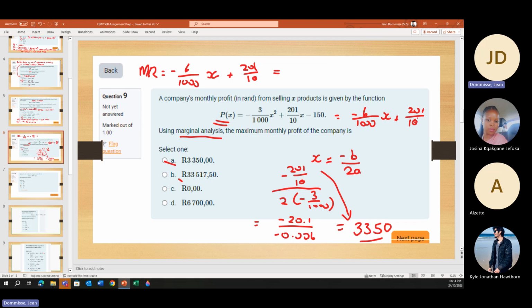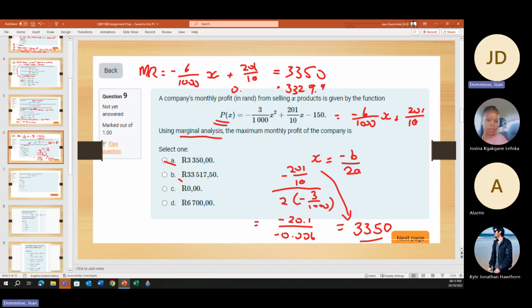Doesn't really help. If that is equal to that, will that make any difference? Let's just check. So let that go over to that side. So it's 335 minus 20.1. That is 3329.9.